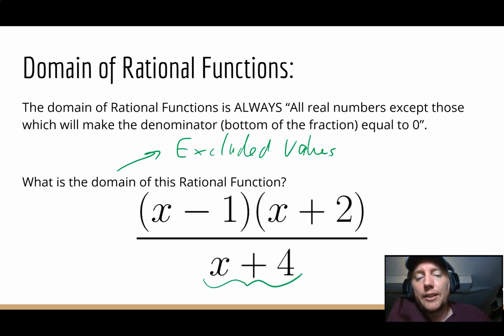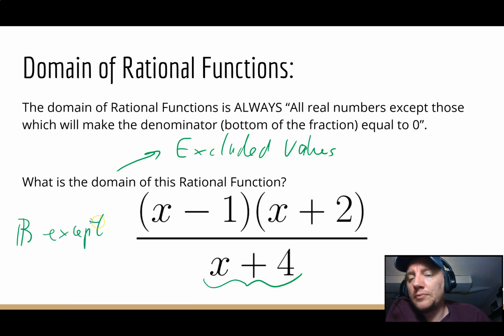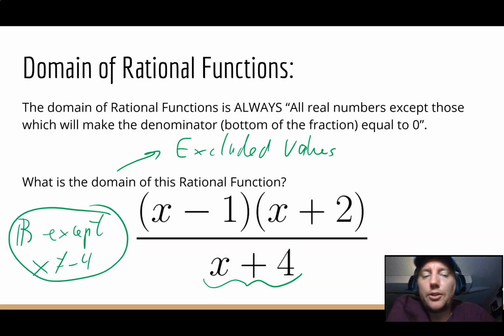So if we take a look at this, it's pretty obvious that -4 would make the bottom equal 0. So the domain of this rational function is all real numbers, so ℝ, except x cannot equal -4. So it's always all real numbers, except for the excluded values.